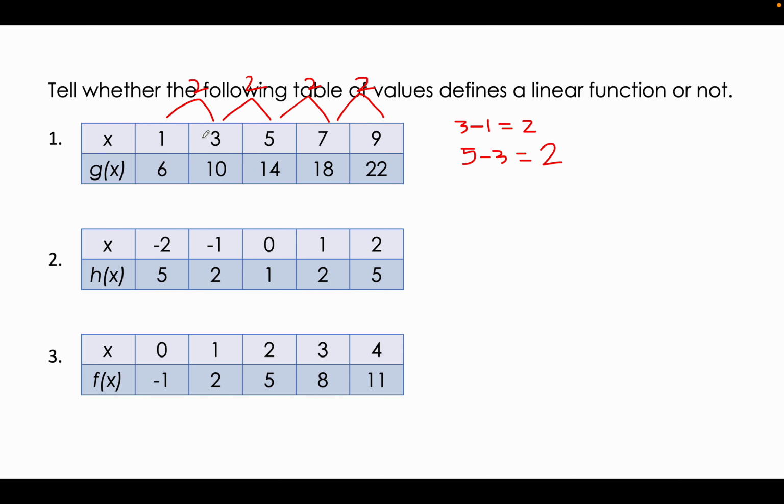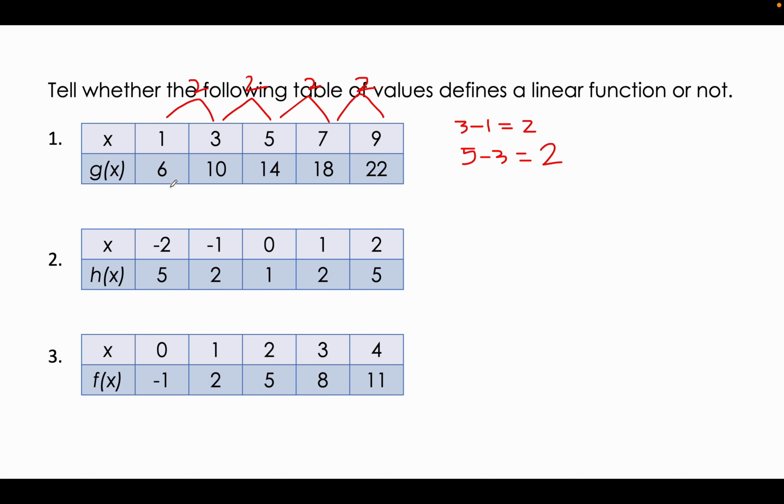So as you can see, the x values have a common difference, which is 2. But this is not yet enough to conclude that this table of values is that of a linear function. We need to check whether the y values will have a common difference as well.